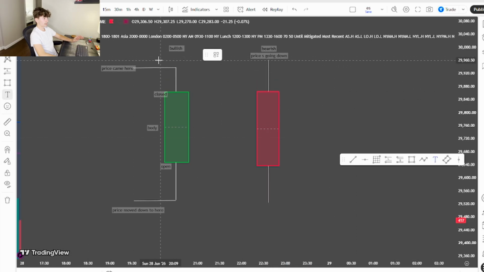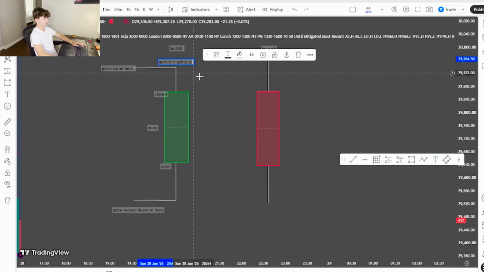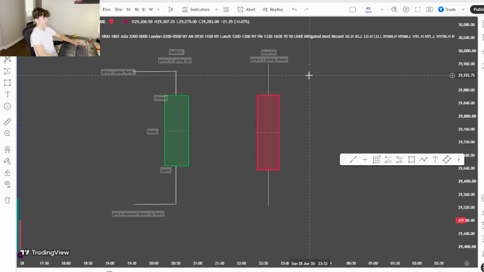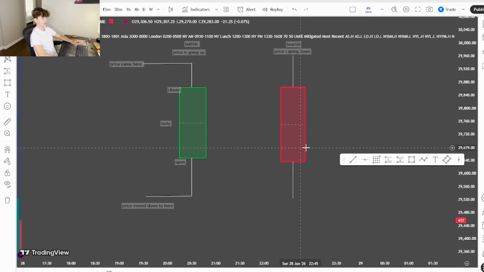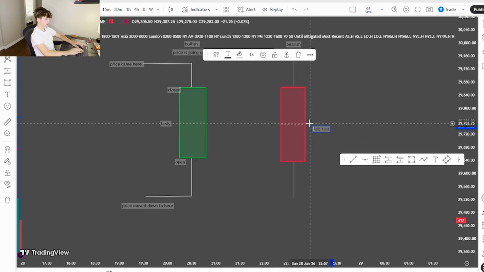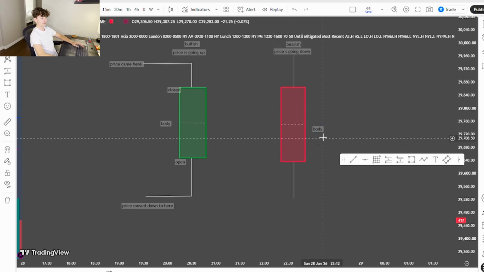And on bullish, we know that price is going up. So what is this called? The body. So we know that this is the body of a bearish candlestick.